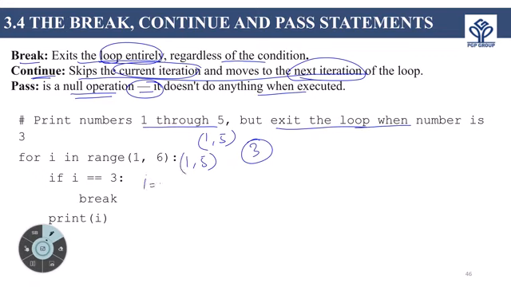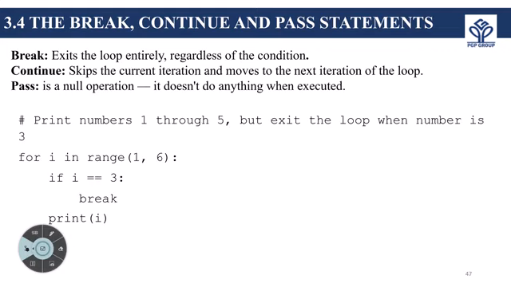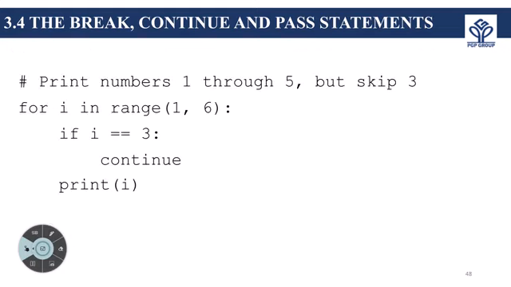If the i value is equal to 3, the condition is met and we break, otherwise the i value is printed. Clear? How does break work? Clear? Next one. See that, continue. Print numbers same as 1 to 5.